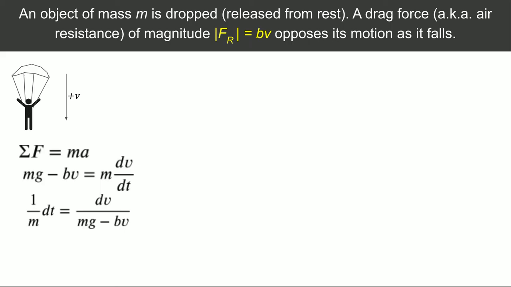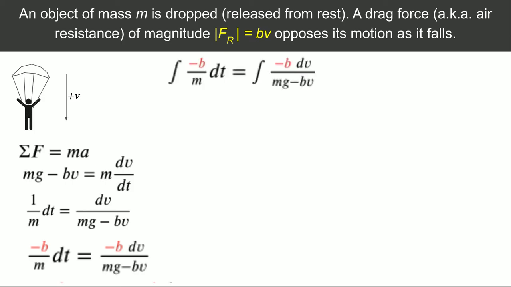Basically, I need to multiply both sides of the equation by negative b so that the top is the derivative of the bottom. That's the pattern that has to hold true in order for this integral to work. So I'm multiplying it by negative b because negative b would be the derivative of the bottom with respect to v. And if I do that on the right-hand side, I have to do it on the left-hand side as well.